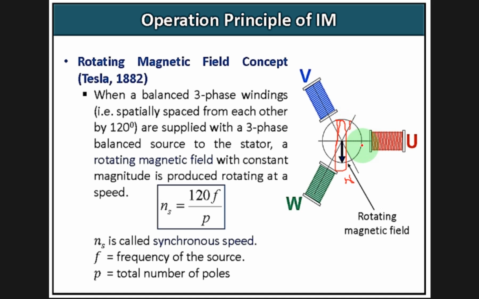These are AC currents, so their magnitude is changing, and they also have a 120-degree phase angle difference. Therefore, this magnetic field that is created is also rotating. That is the main principle that we use in induction machines.